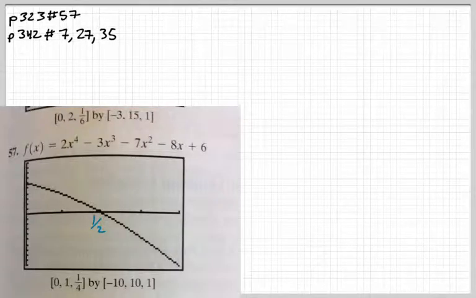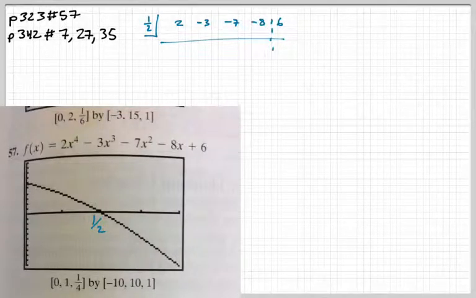And so I'm going to take that number right there and do our synthetic division to take this factor out of the polynomial. So we have a 2, a -3, a -7, a -8, and a 6. Hopefully this works. We bring down a 2. We multiply 2 times the 1/2, and so we get 1. We put it underneath the -3 and add those together.